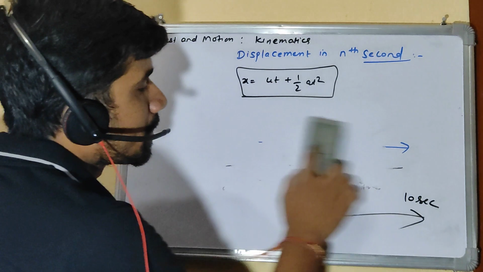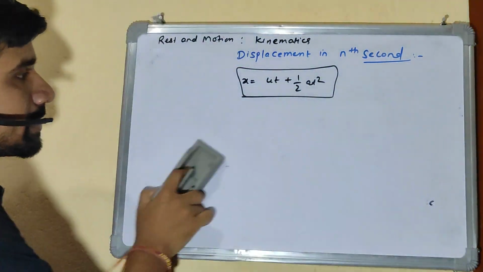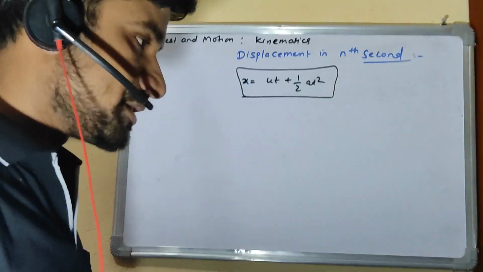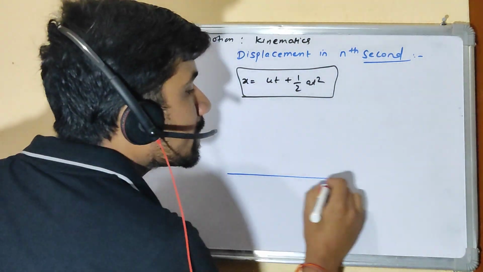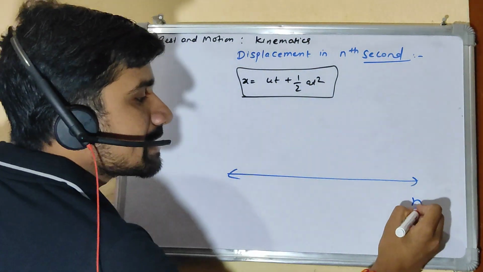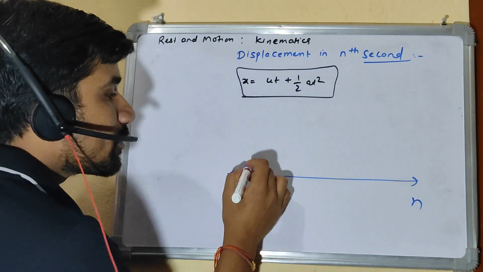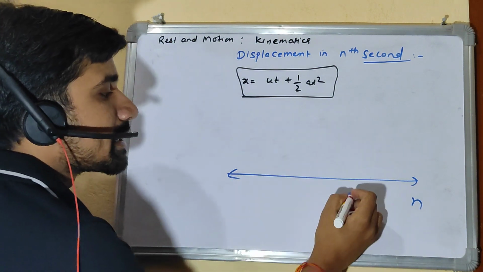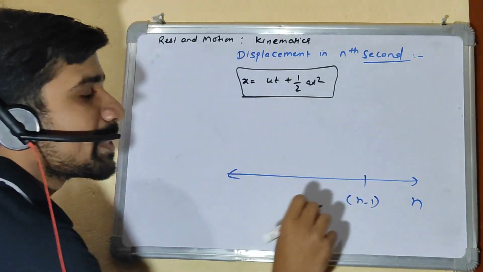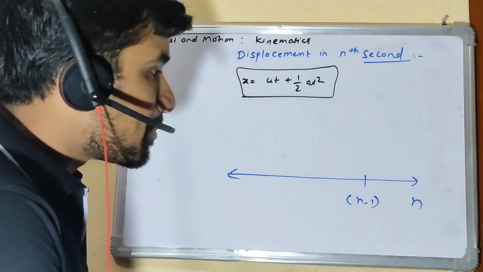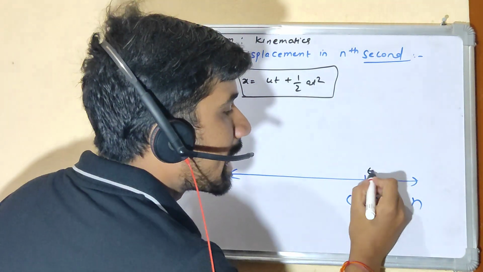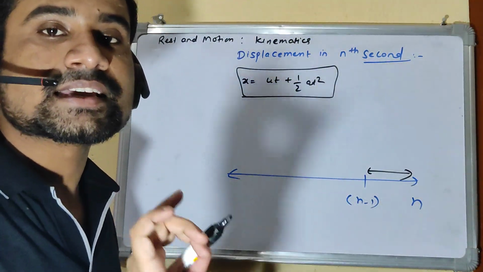Using a similar strategy, if I need to calculate the distance traveled in the nth second, I'll calculate the distance traveled in n seconds, I'll calculate the distance traveled in n minus 1 seconds, and I'll subtract these two distances, and this will give me the distance traveled in the nth second.